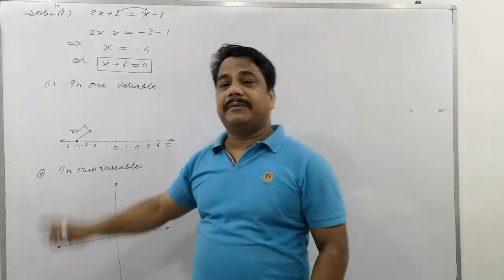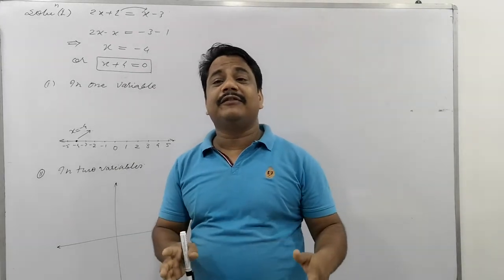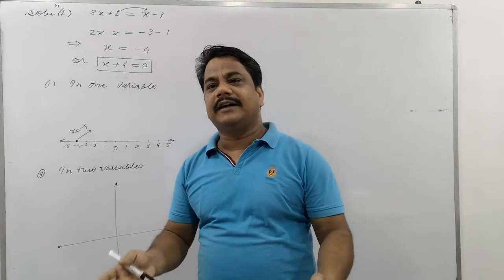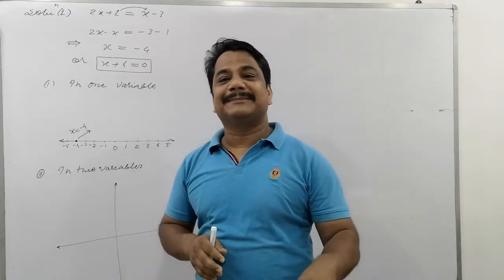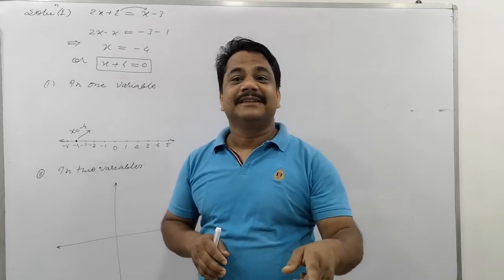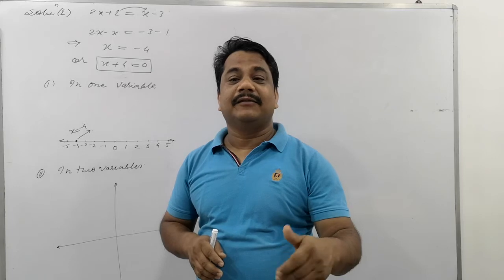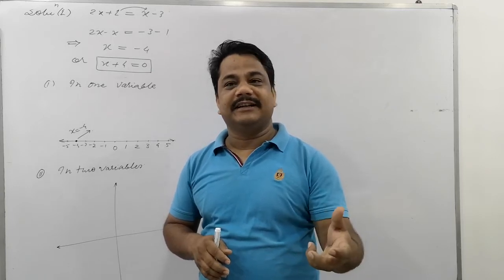Obviously, if only the value of x is present, then where is y to be represented? If x is present as a term, as a value, and y is not present here, what does this mean?